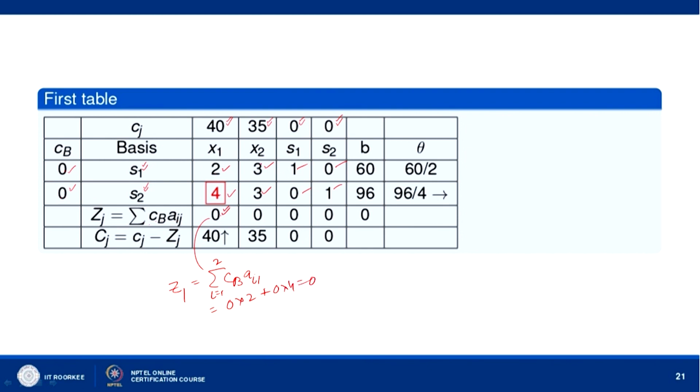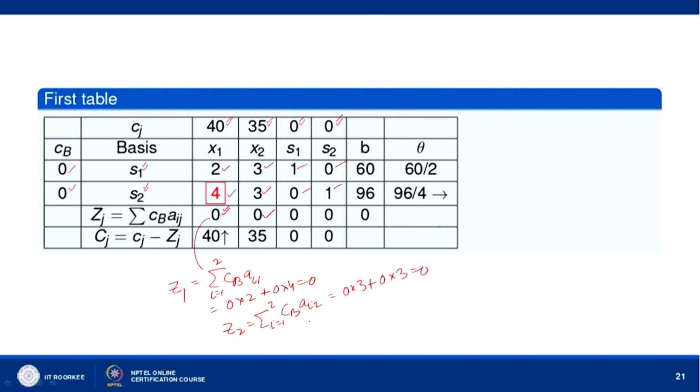Now, Z2 equals sigma i equal to 1 to 2 of Cb into Ai2, so 0 into 3 plus 0 into 3. So, we get 0. So, this is Z2.